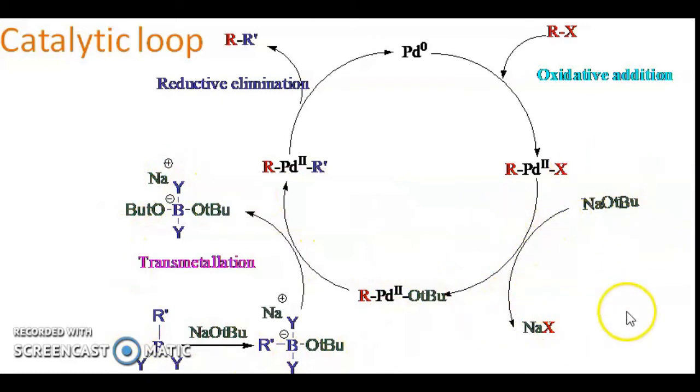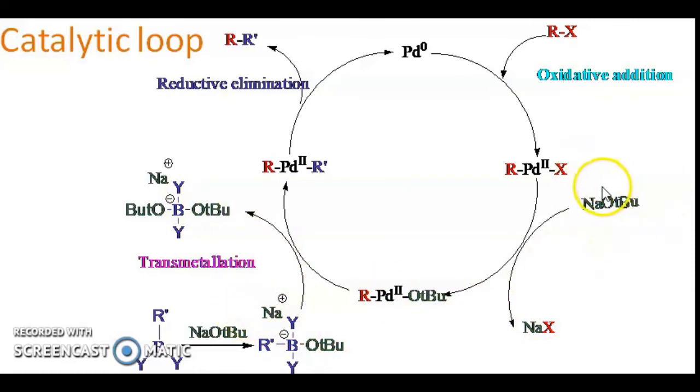Now one more thing, we have a base here, sodium tert-butoxide, and this particular reaction will not proceed in the absence of a base. One role of the base is to activate the boronic acid, and this facilitates the transmetallation step.